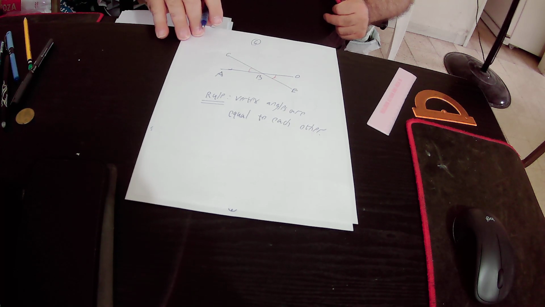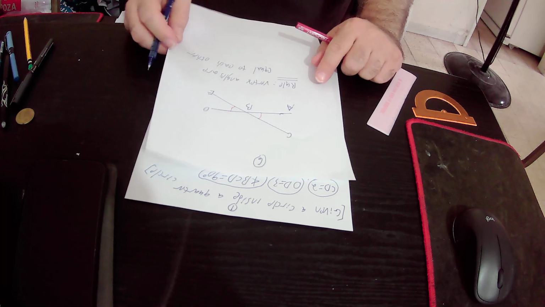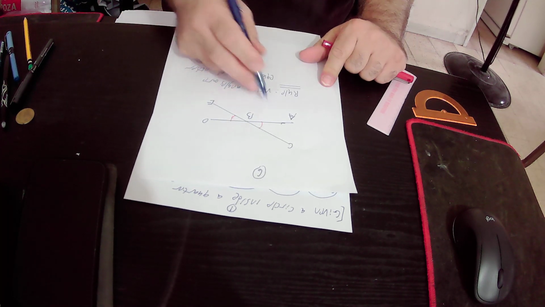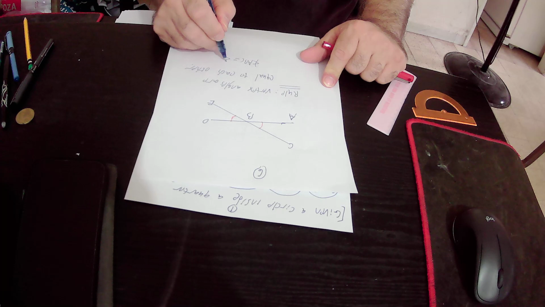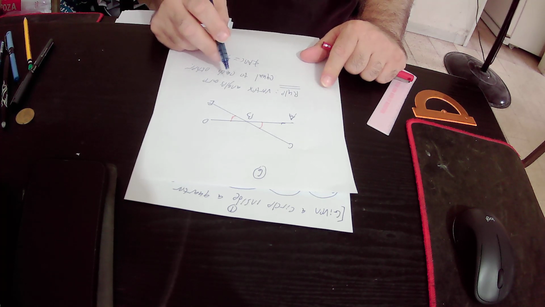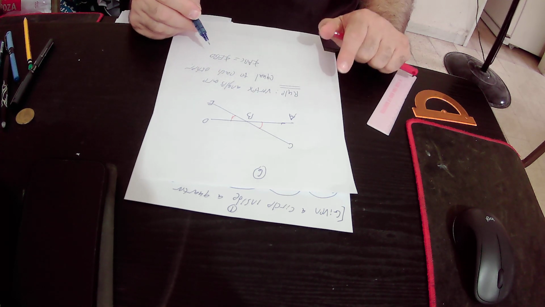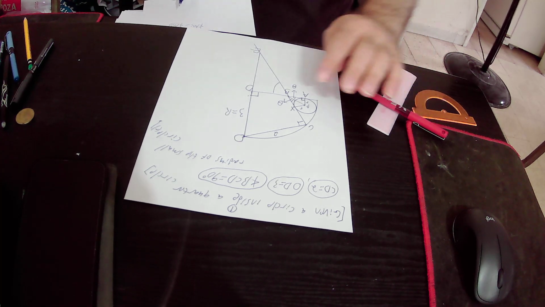So according to this rule, angle ABC equals angle EBO, because they are two vertical angles. But what is the value of angle ABC?